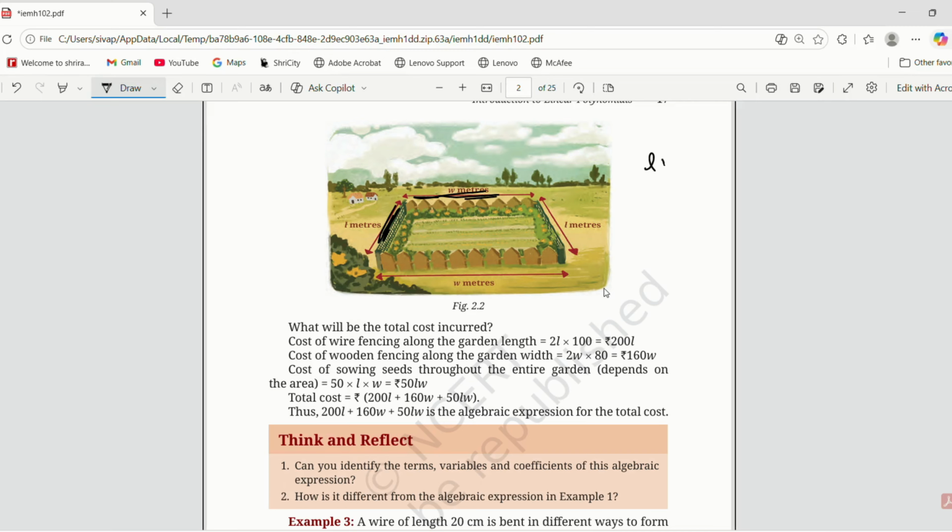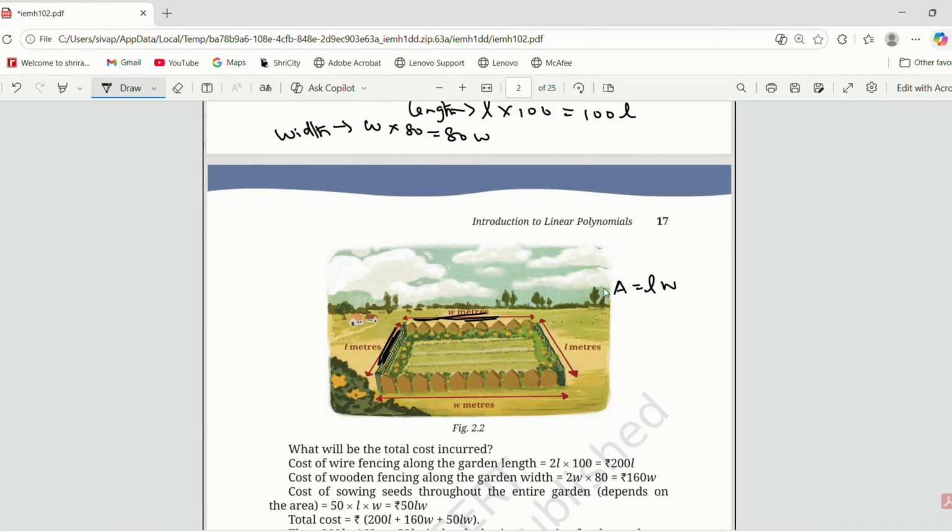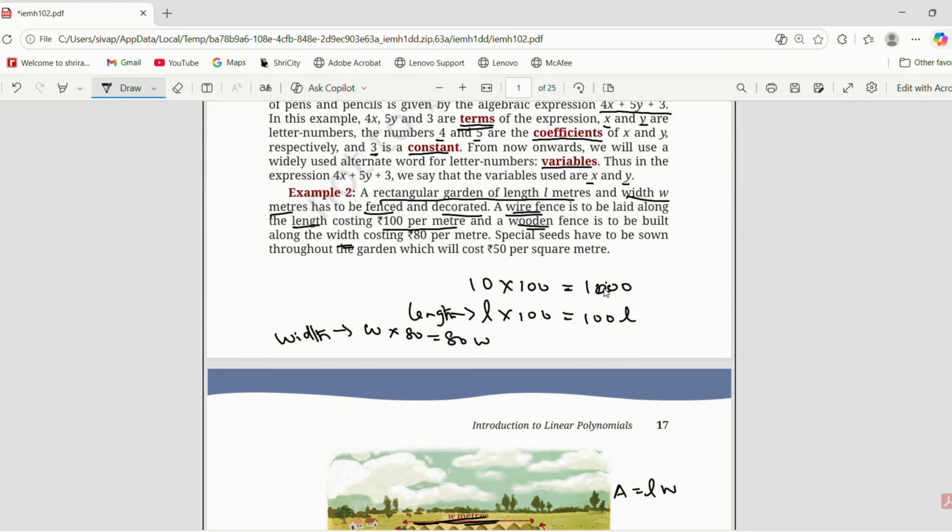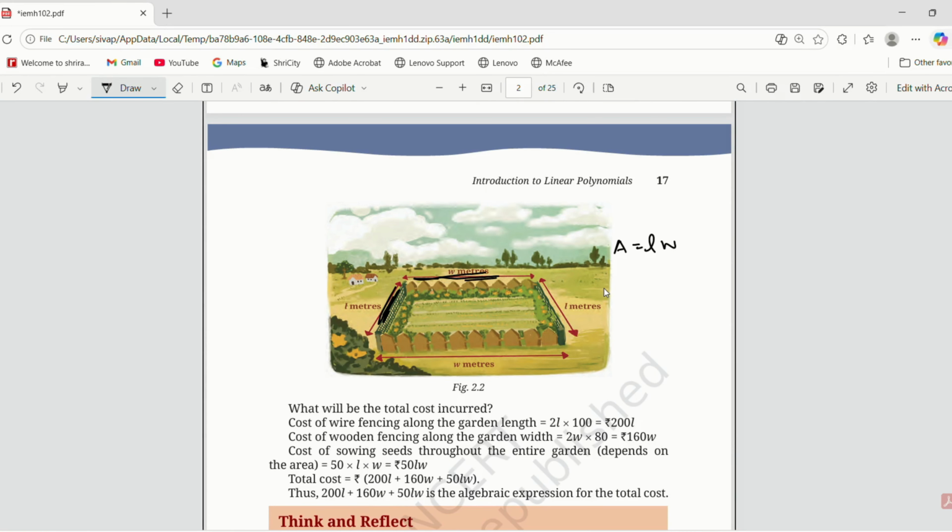So L into W is the area, and each unit of area costs rupees 50 per square meter, so the cost of this area is going to be 50 into LW. So this is our next term.